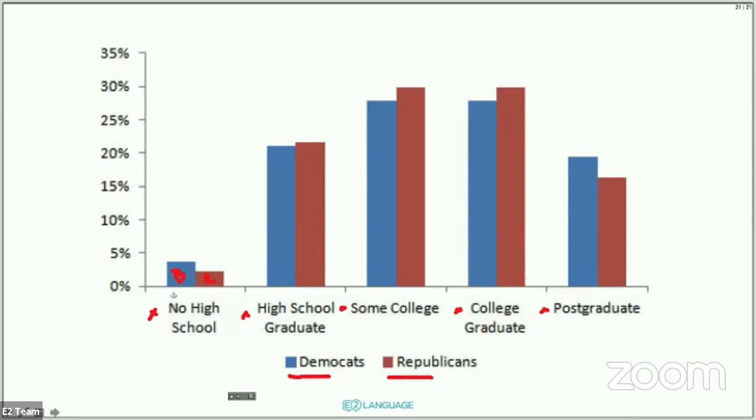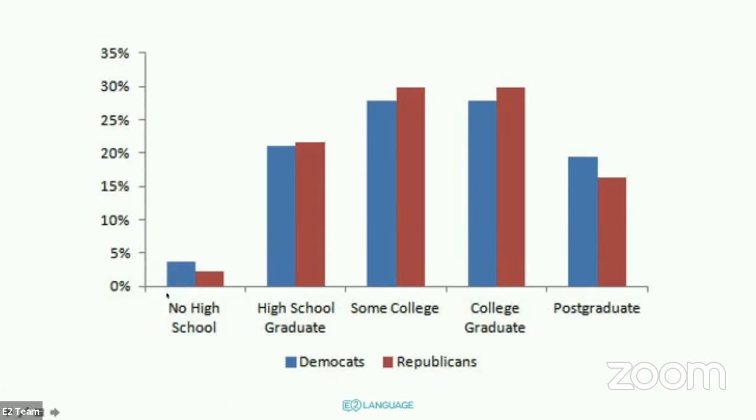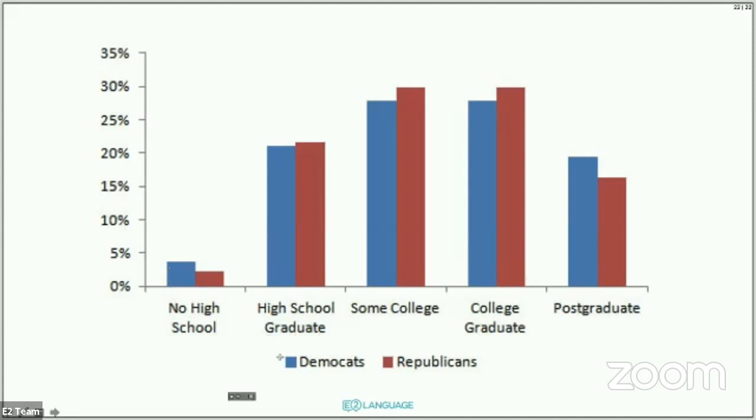So I can look at this and work out just from looking at it, let's just look at Democrats first. Let's just look at the blue ones, forget the red ones. So about 4% of Democrats have no high school. And about 22% of Democrats have a high school graduate certificate.